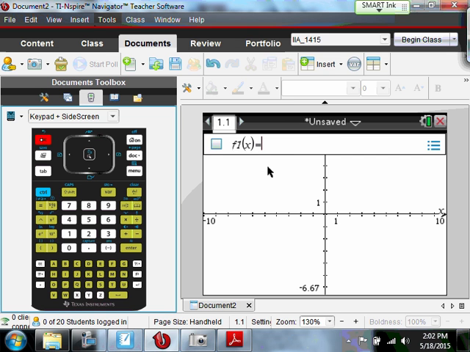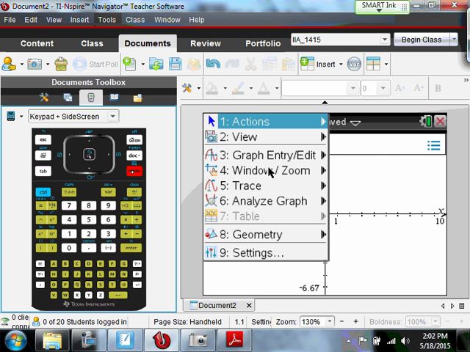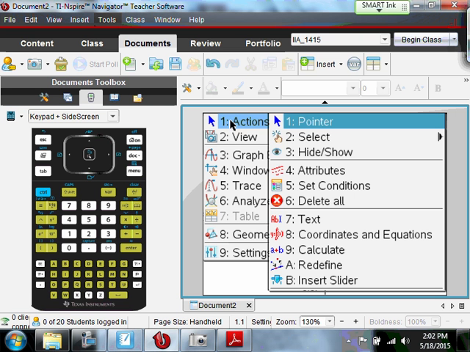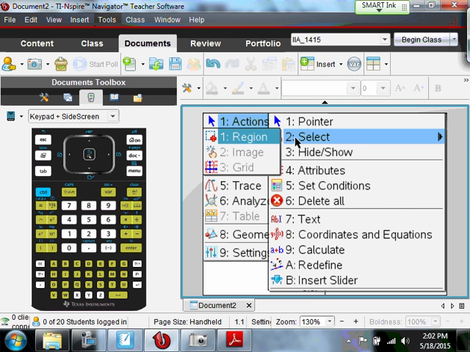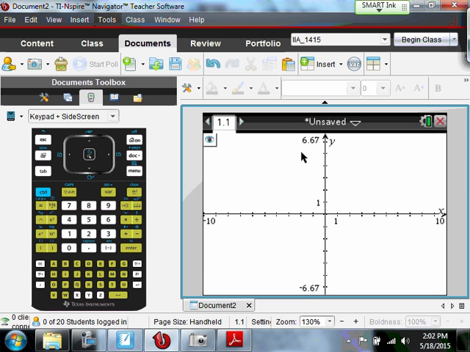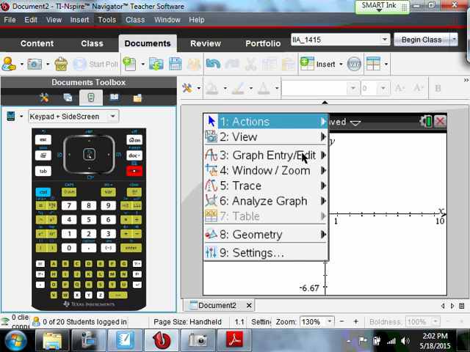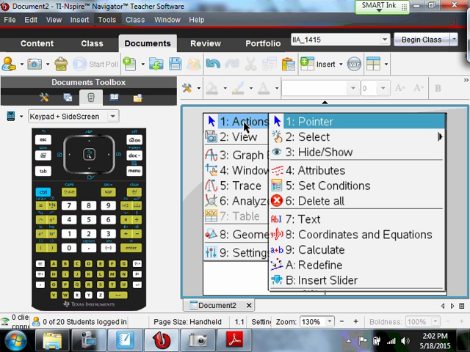What happens if we press the menu button? Actions. Pointer's not going to help. Select. Nope. Hide show. Nope. Actions, I don't think anything there is going to help.